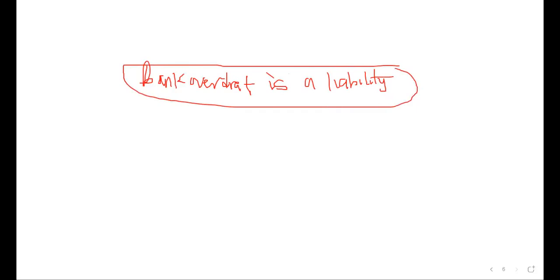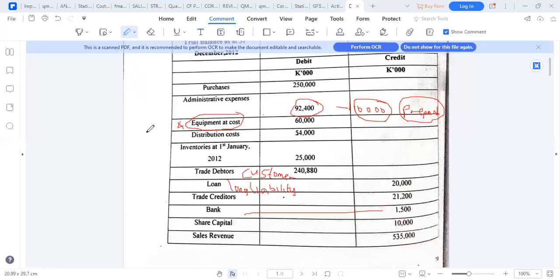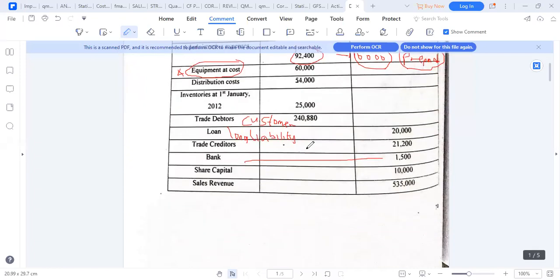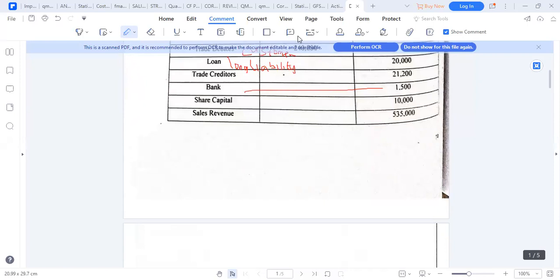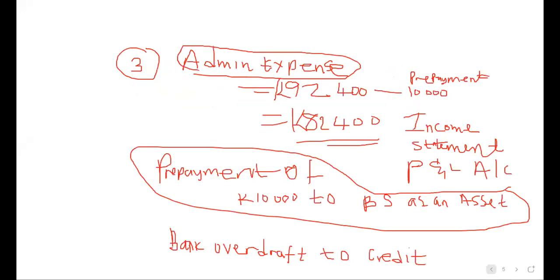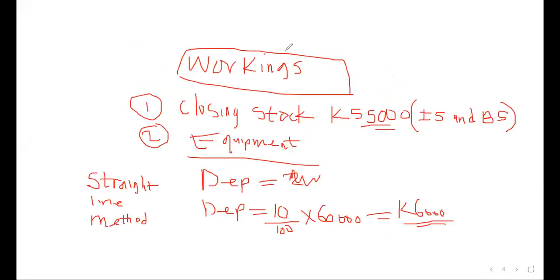Okay, so now, just to go to the question directly so that people can understand clearly. I just wanted to finish the workings so that after finishing the workings, people would understand. So this prepayment and the admin expense we adjusted for, and then we have also considered the workings for Yokomo Limited.